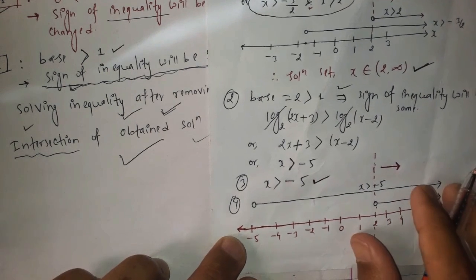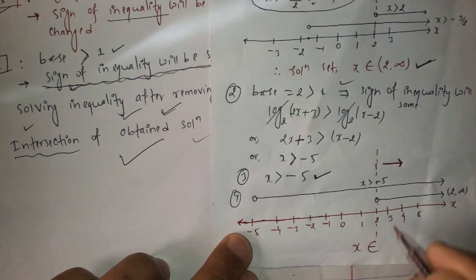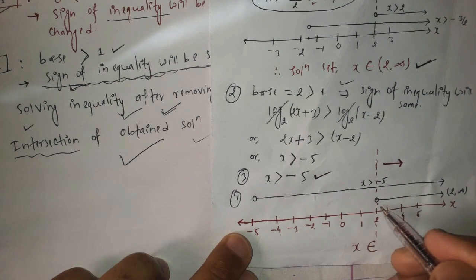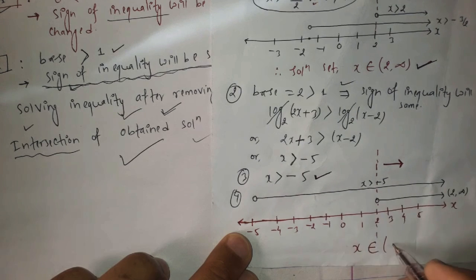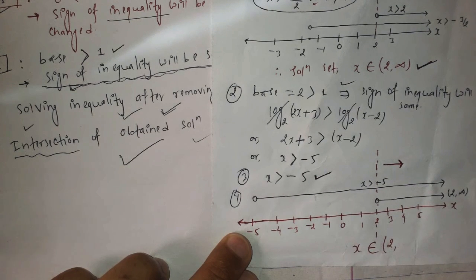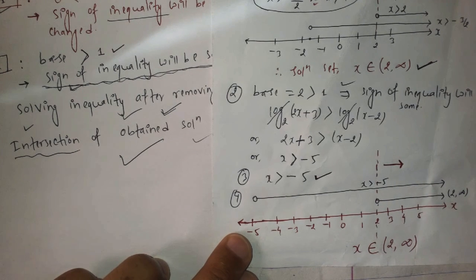In interval form, we can write this region as x belongs to the set from 2 to infinity, where 2 is not included. Finally we obtain the values of x more than 2.